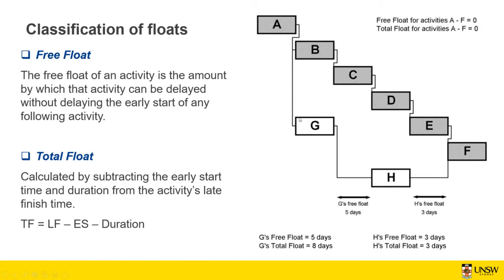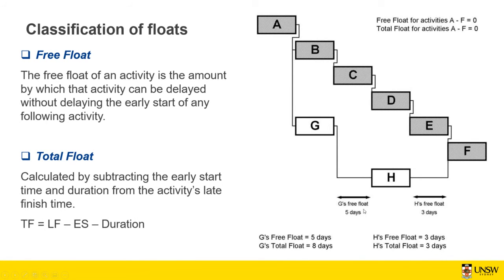But on another path, you got task G and H. You can see that there are 5 days in between: after finishing of task G, you got 5 days before starting of task H. So these 5 days are the free float, which means that you can delay task G 5 days without affecting the start day of task H as planned.